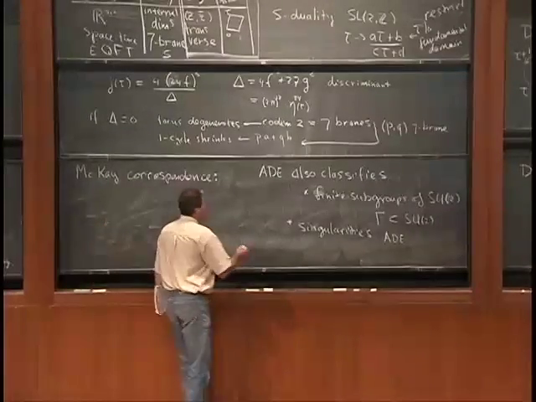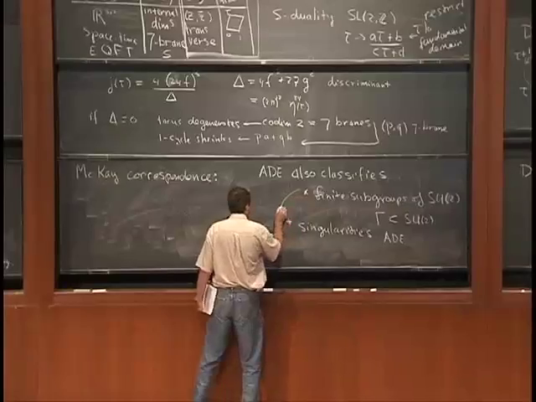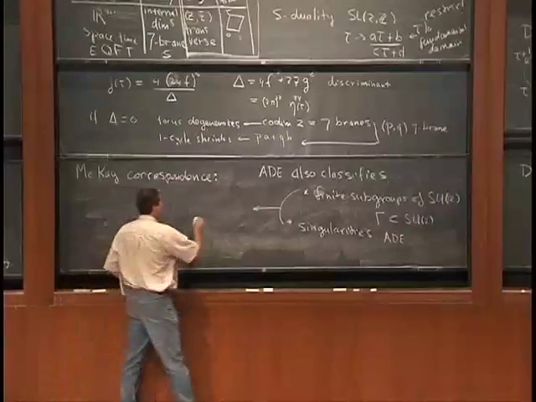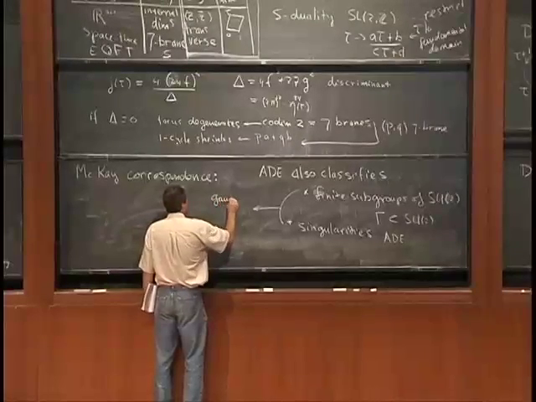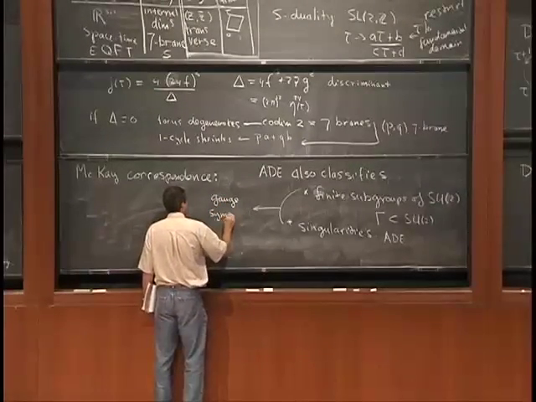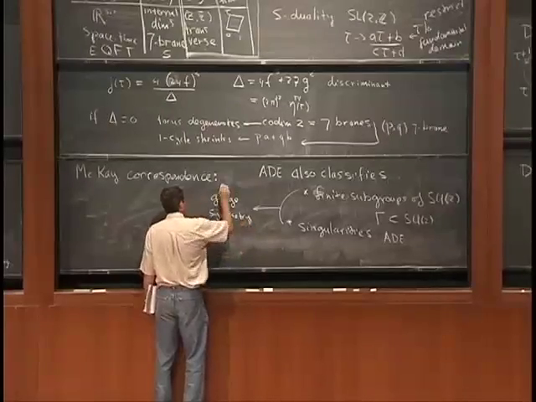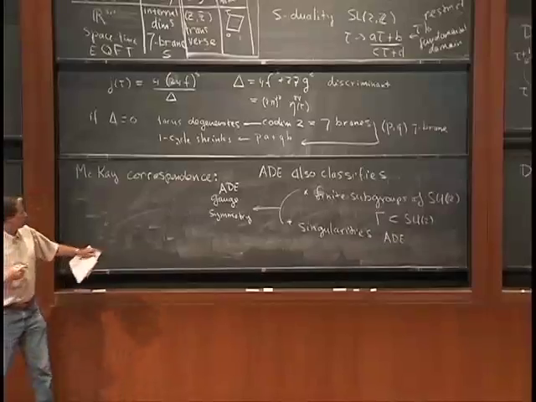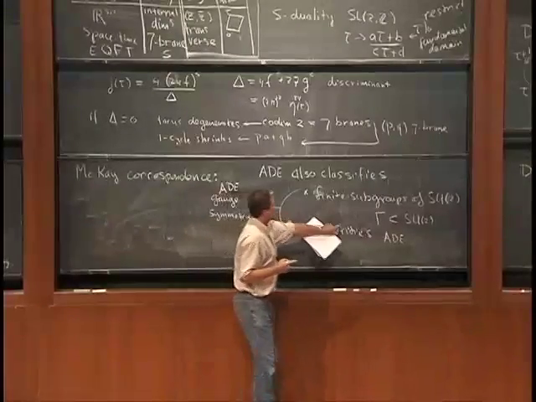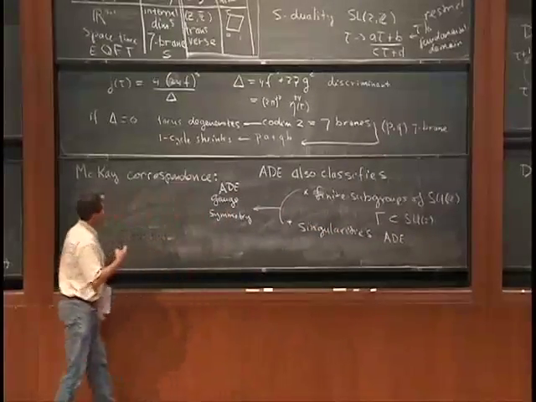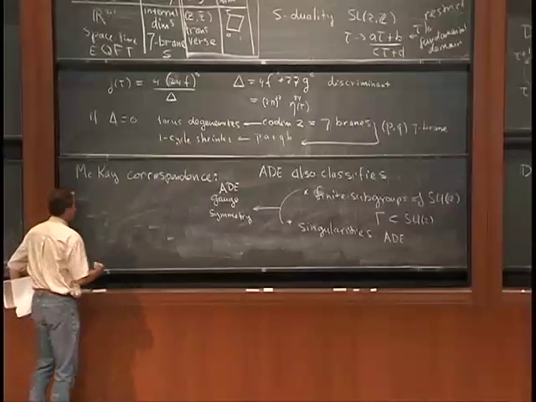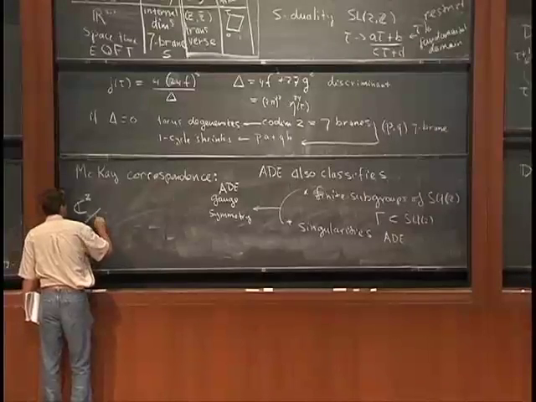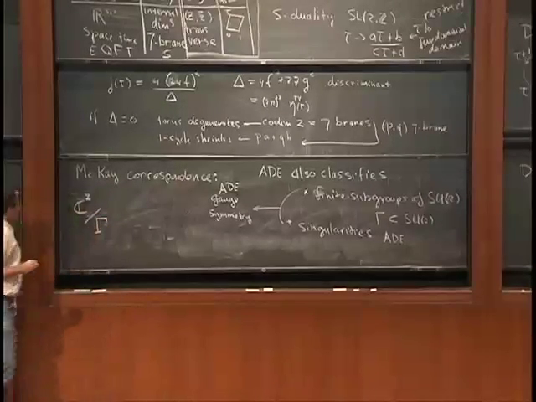But we're actually going to precisely connect these two things with the Lie algebras, because we're going to show that there's a connection between these two quantities and indeed gauge symmetries with the corresponding ADE Lie group. So this McKay correspondence partly is about this correspondence.